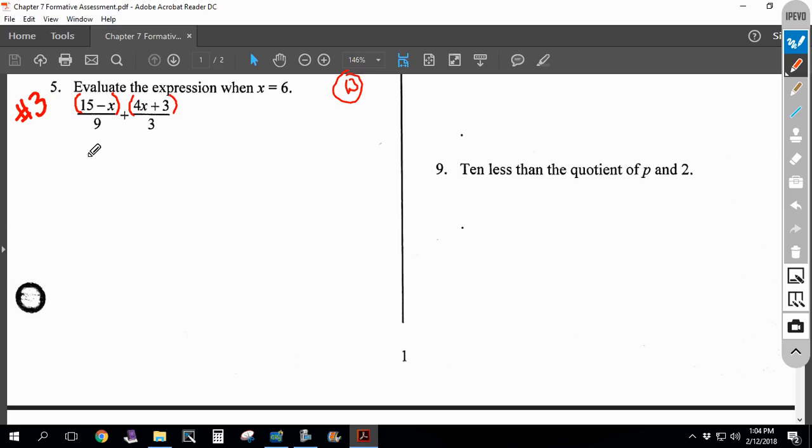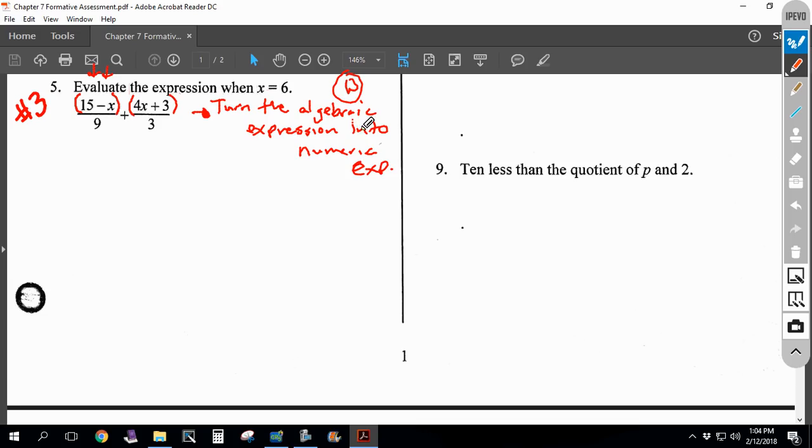Now, remember the first step to doing any evaluating of an expression, and you might want to write this if you didn't do it: turn the algebraic expression into a numeric expression.